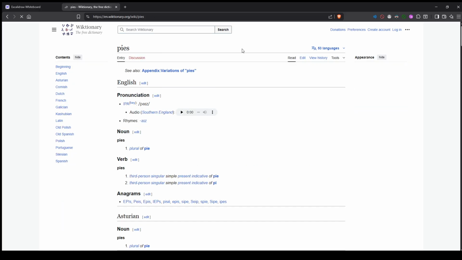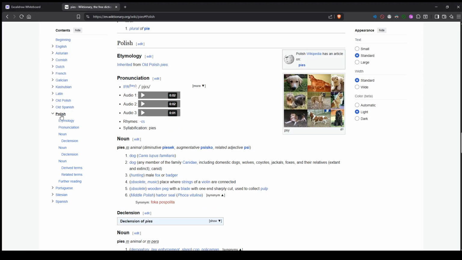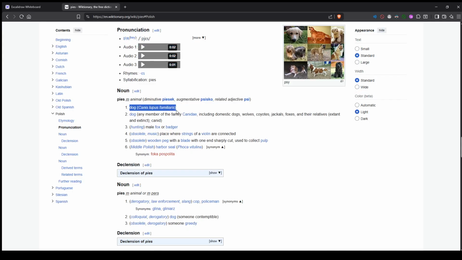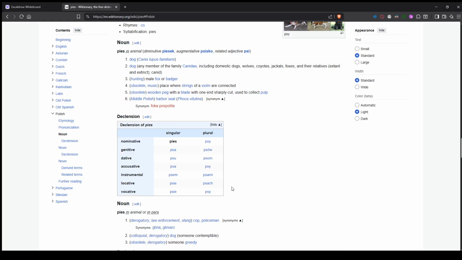Search for it, boom. And you're now on the article page of pies. You can scroll into the Polish section, and then in the noun of pies, you can see that, yes, in fact, it is a dog in English. And there is the declension part, okay? Just click show, and boom, there you go.